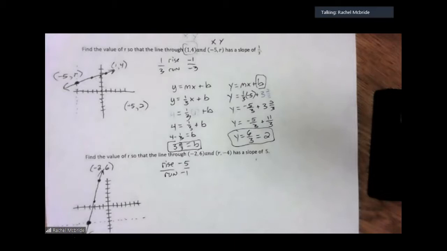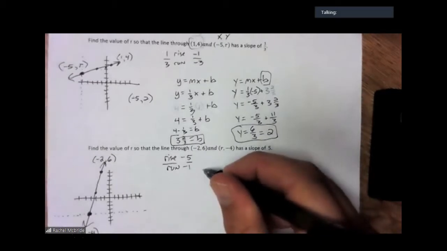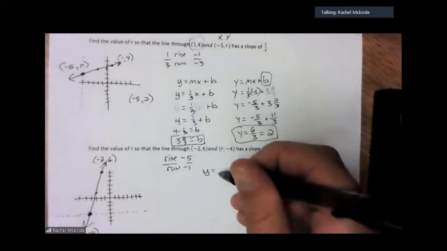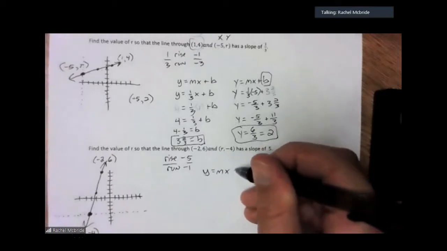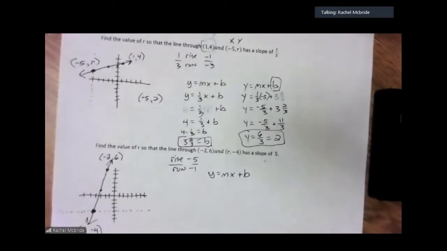Let's see if we can do that using our equations. All right, Nevaeh, why don't you help us out here? If I start with y equals mx plus b, what of that information is already given to me in this problem here? Which number? The 5, okay. And where does that go in this equation?